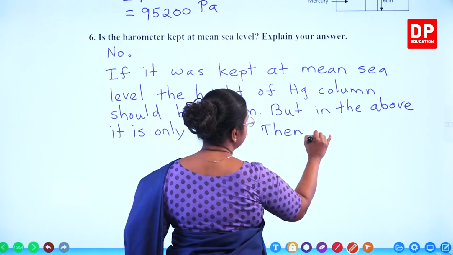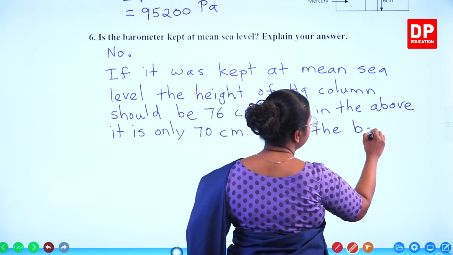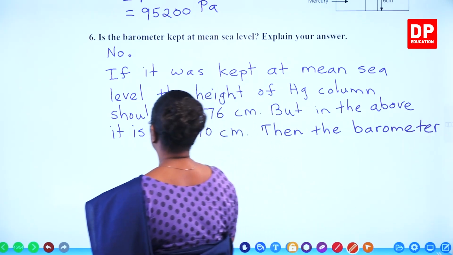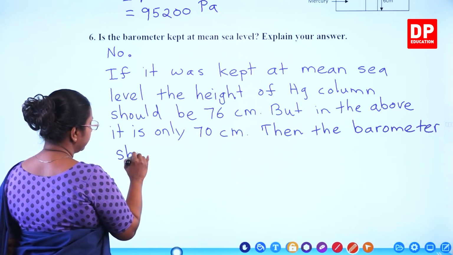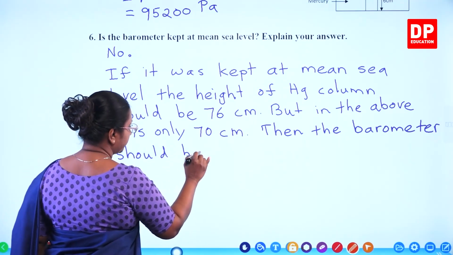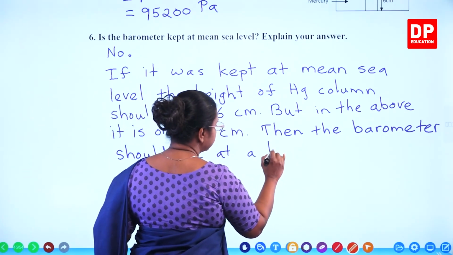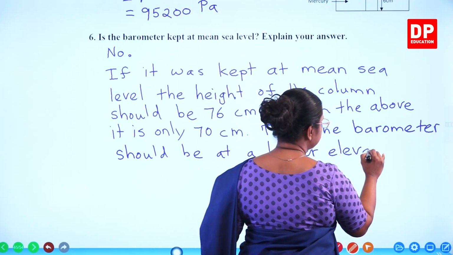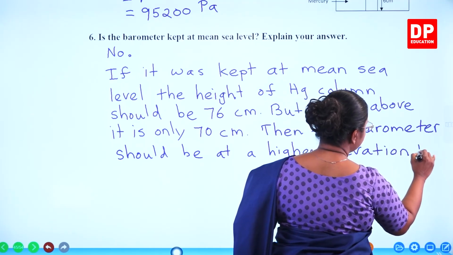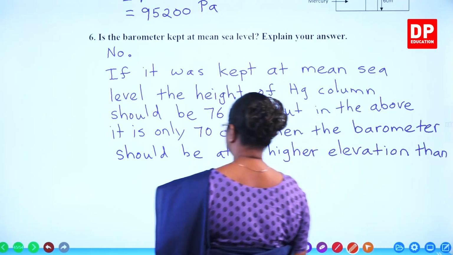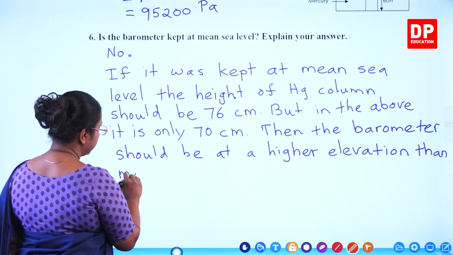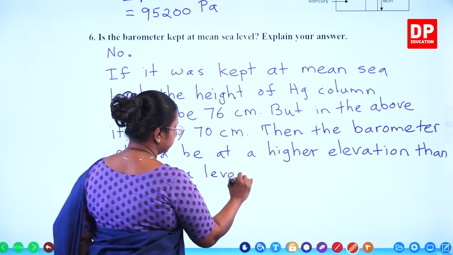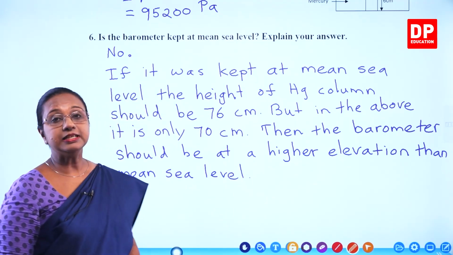Then the barometer should be at a higher elevation than mean sea level. So, that is the explanation.